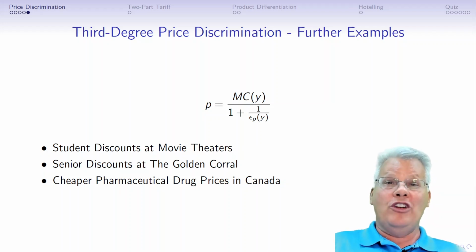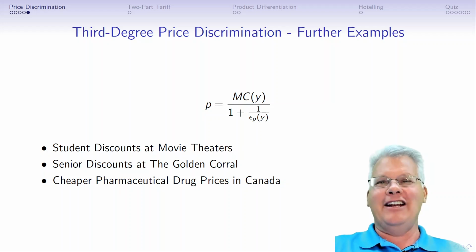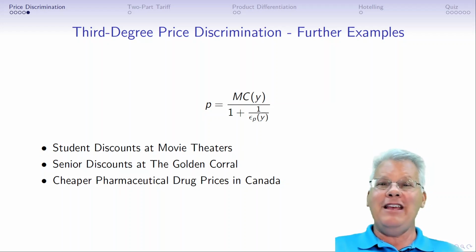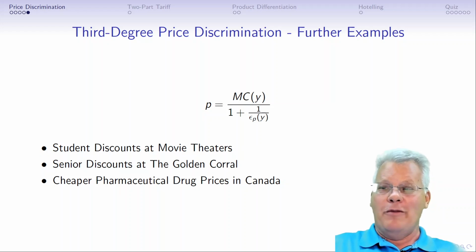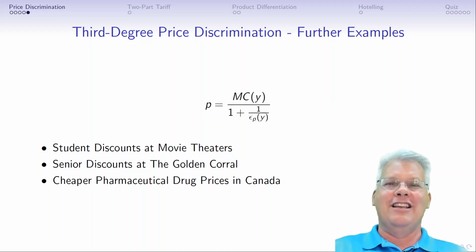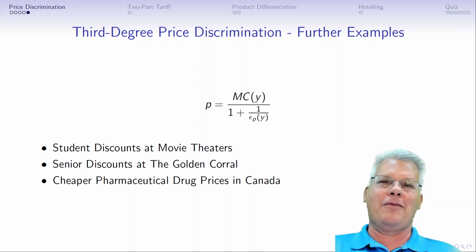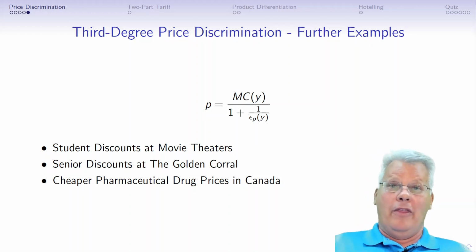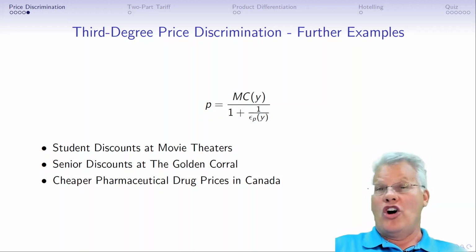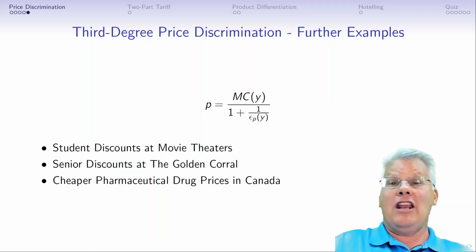The U.S. Food and Drug Administration prohibits the re-importing of drugs from Canada to the U.S. What this means then is the federal government has conveniently created segmented markets. The U.S. and the Canadian market are completely separate. So, drug companies can charge radically different prices in the US and Canada and get away with it.